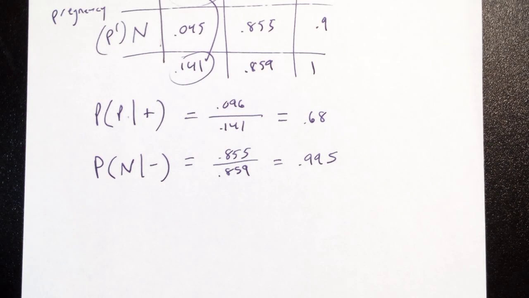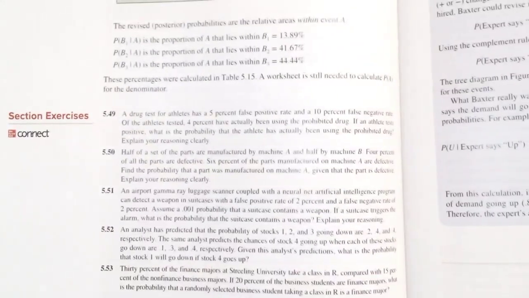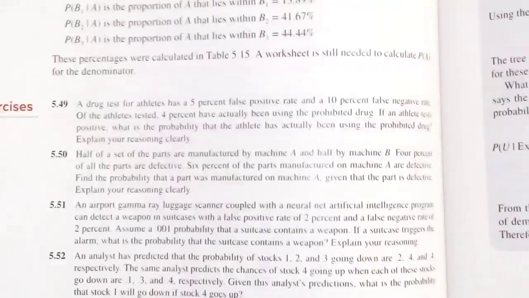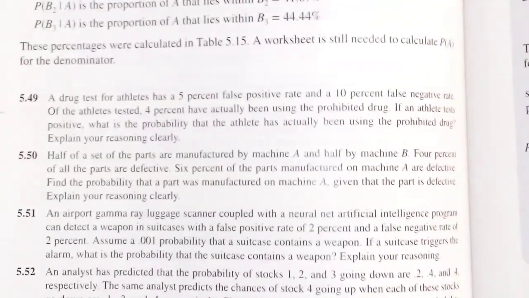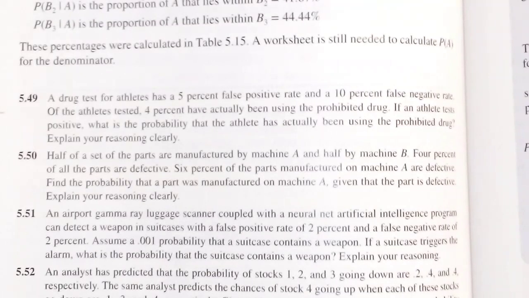Problem number 49 on page 182 is exactly that setting. A drug test has a 5% false positive rate and a 10% false negative rate.